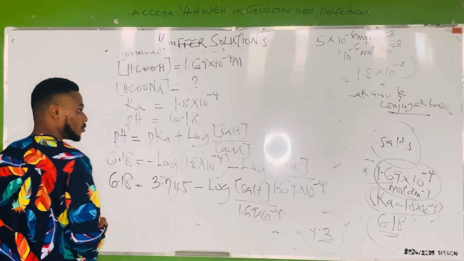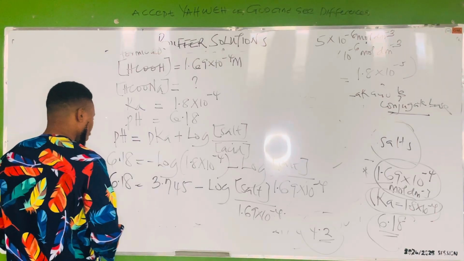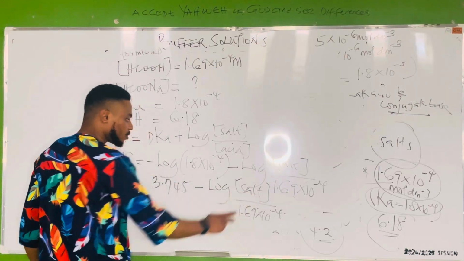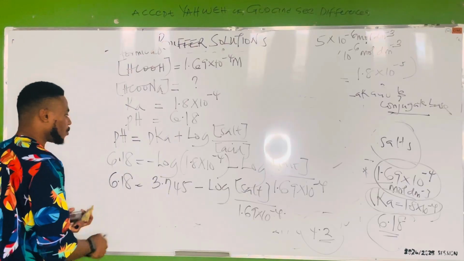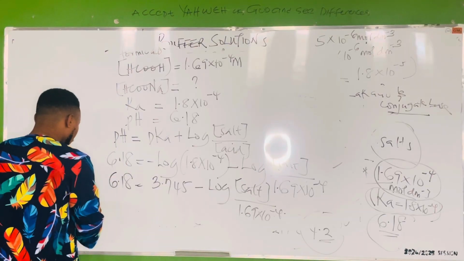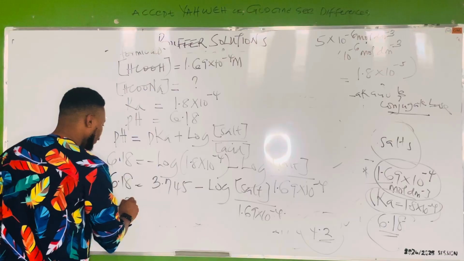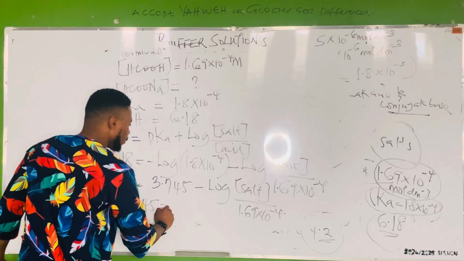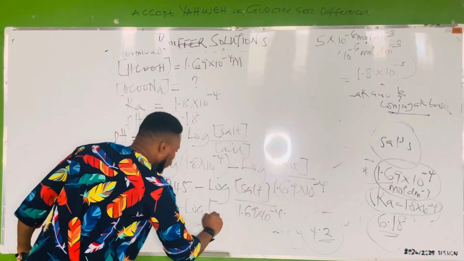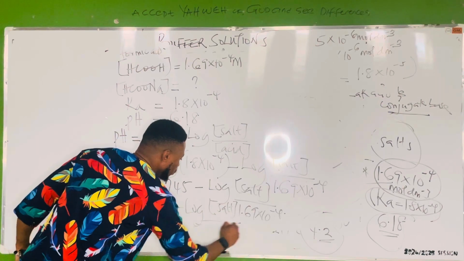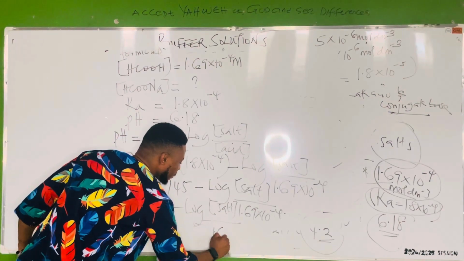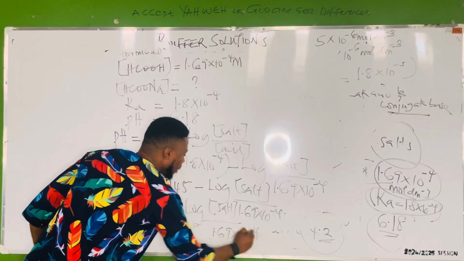So at this point, we have to make salt the subject of the formula, but we have to move this first. So this will be 6.18 minus 3.745 equal to minus log of the salt all divided by 1.69 times 10 raised to power minus 4.